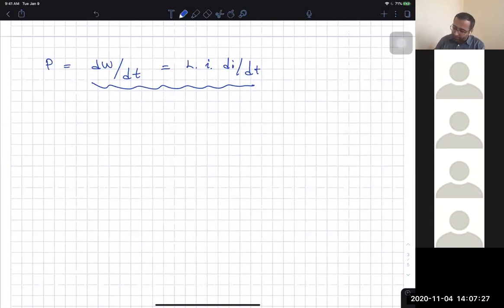So I will have d omega equals L times i times di, right? So this will be a very simple energy relationship. In this case, I can take the integral of both sides, and then I can calculate the energy stored in this inductor, right? So that will be very easy.